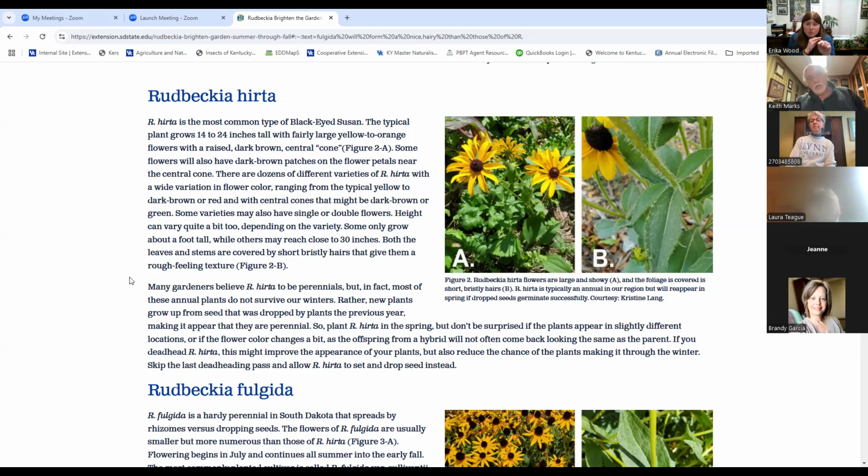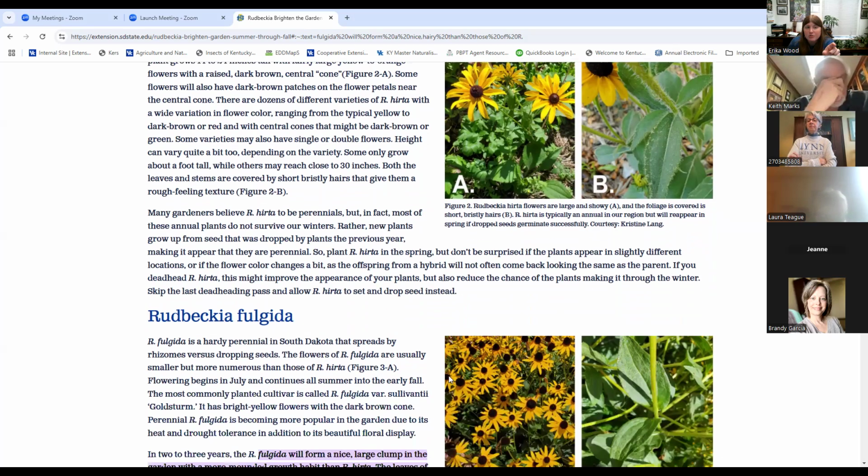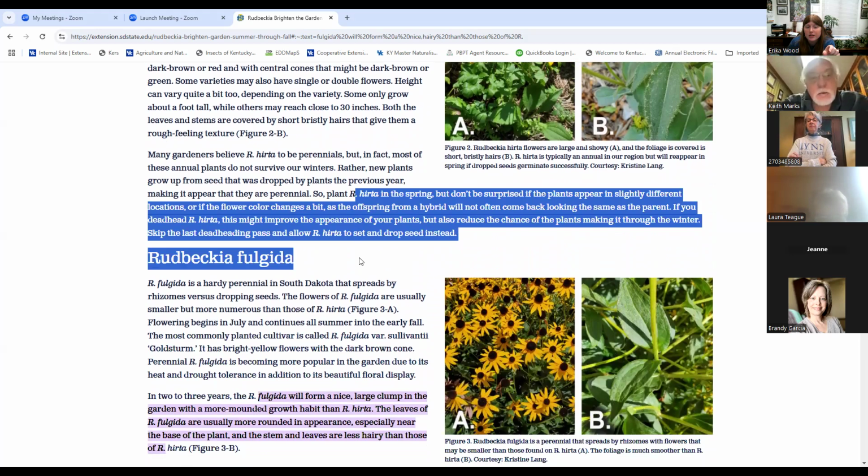A lot of times with the Rudbeckia hirta, when we compare that to fulgida, which is the perennial Rudbeckia, the flowers on the hirta are generally larger and more showy. It has more showy, longer ray florets on it. And so you can kind of see that from the pictures here between the hirta and the fulgida.